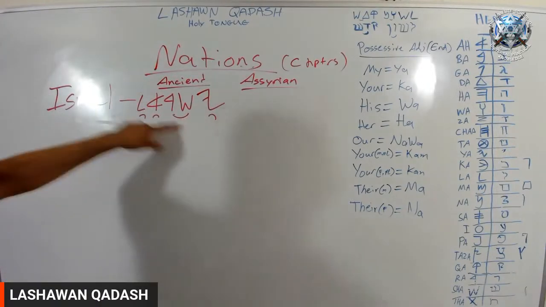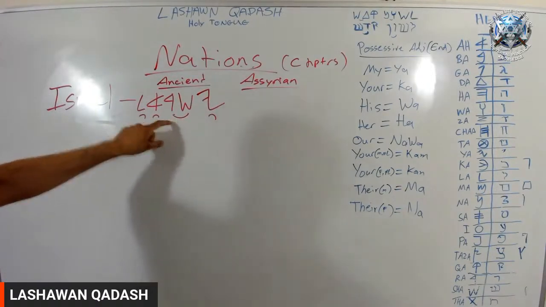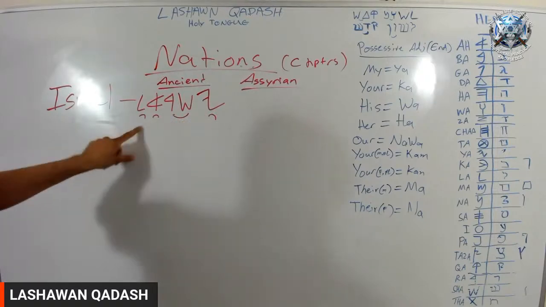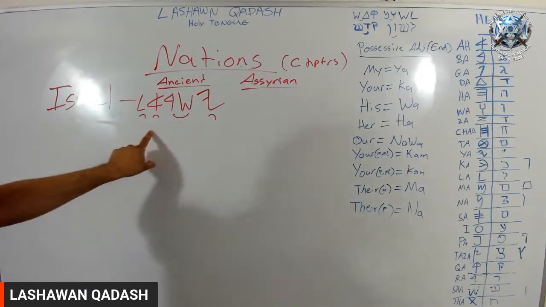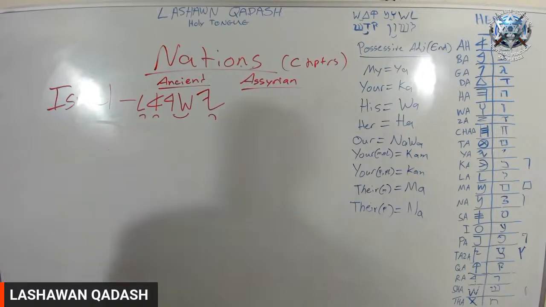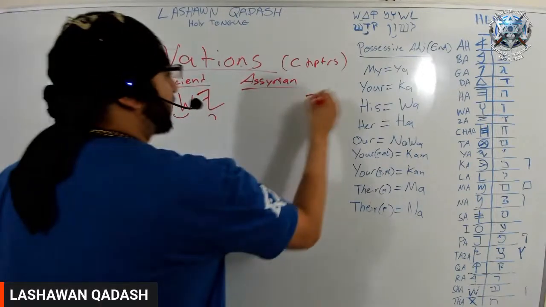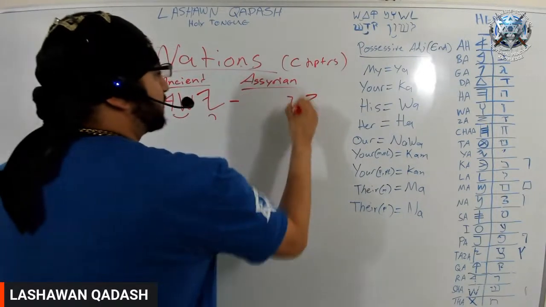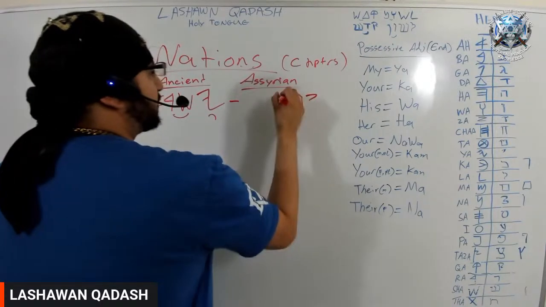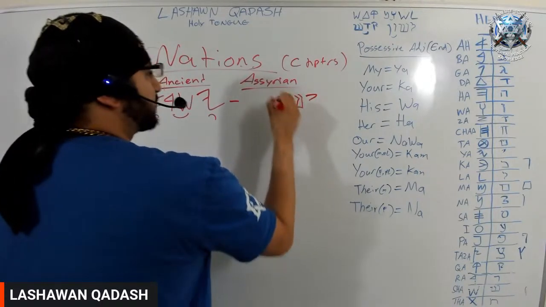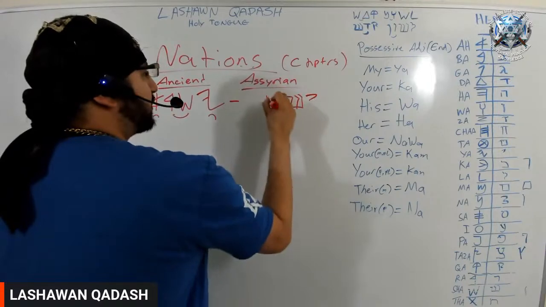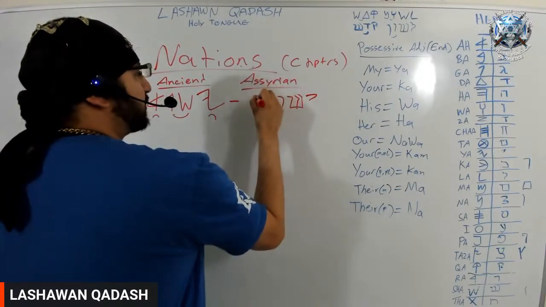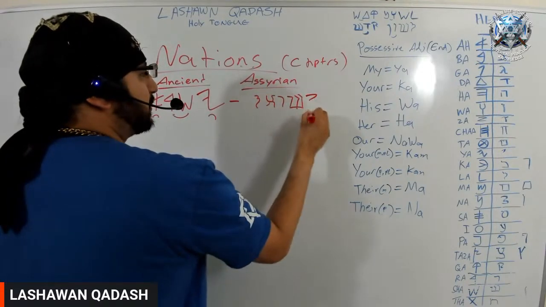When I connect them, that's how you know they need to be connected. Yashar Allah, which means Prince of the Power, right? And in the Assyrian, you're going to write it Yashah. You're going to have a Ra, and you're going to have an Ah, and then La. Yashar Allah.